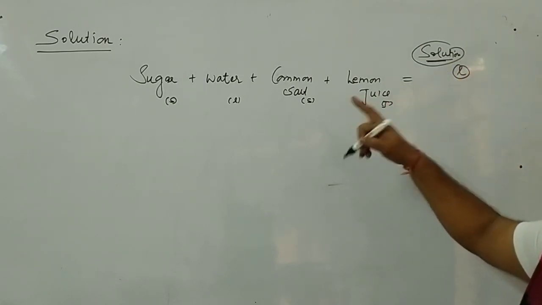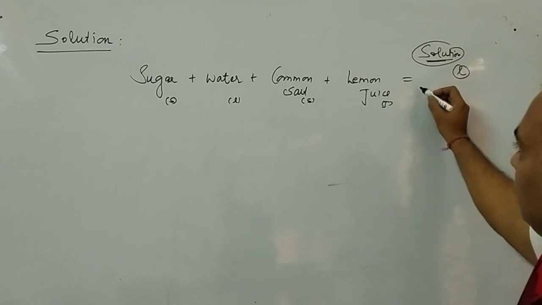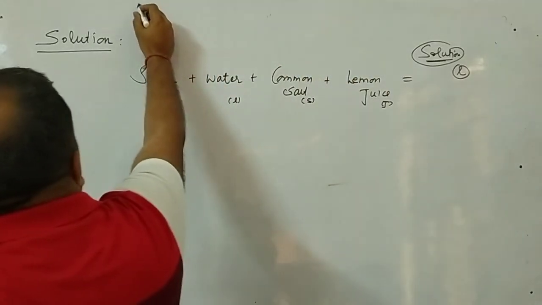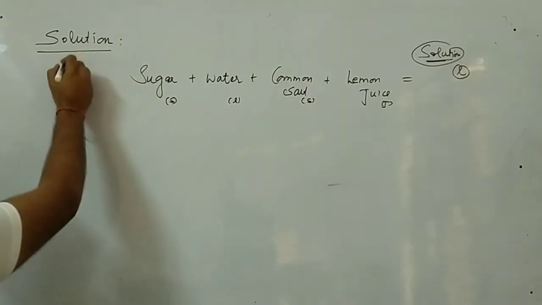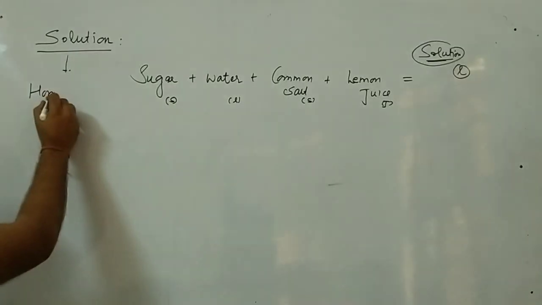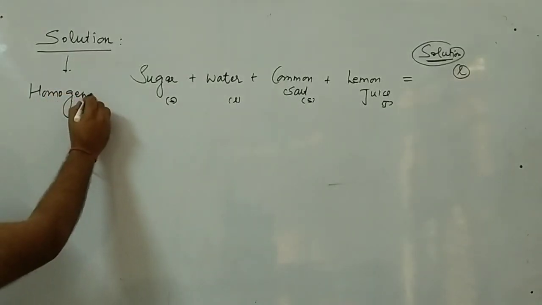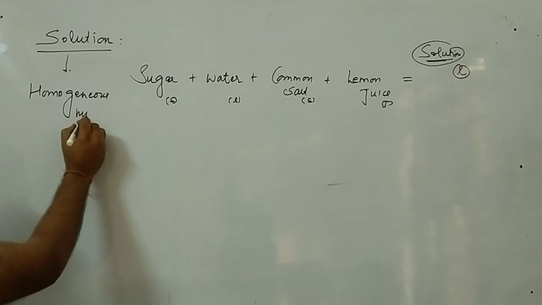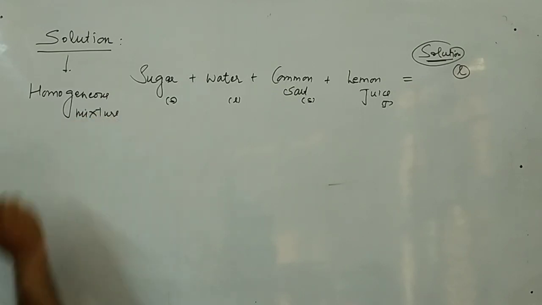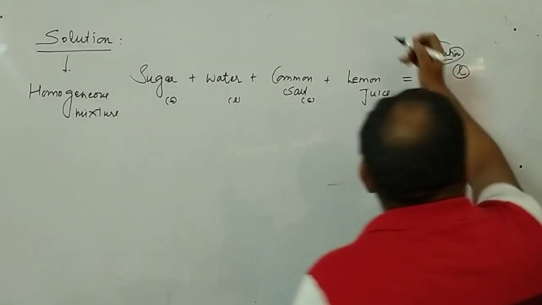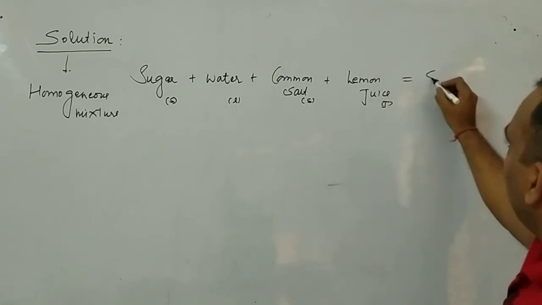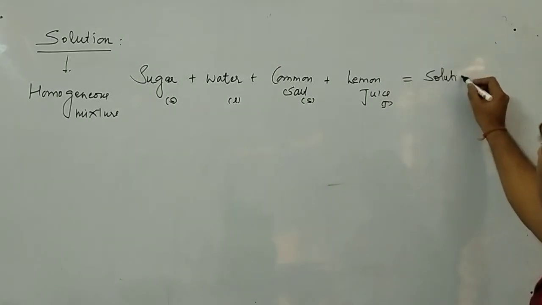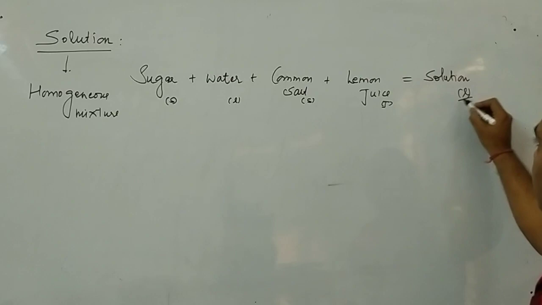But this is which type of mixture? I'll write here, that will be better: homogeneous mixture. Solution is a homogeneous mixture. Why homogeneous? Because the whole solution comes out to be in the liquid state.